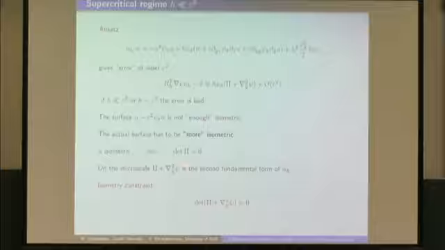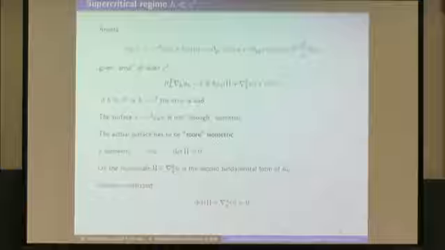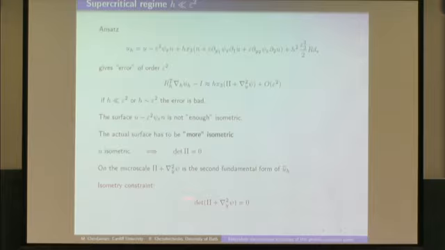Eventually we found that if you want to produce such an isometric surface, we approach the construction using formal asymptotic expansion in powers of epsilon and h, where we wrote several equations for the first several orders of h and epsilon.